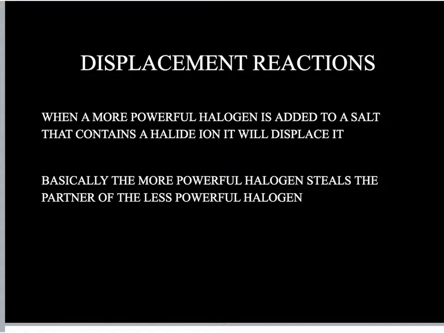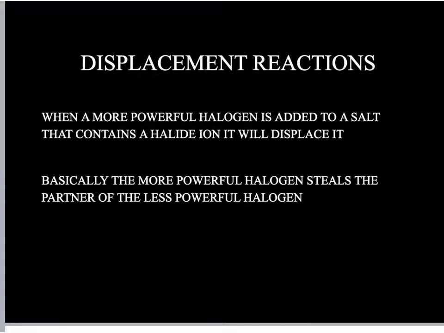A popular examination question looks at the displacement reactions. This is when a more powerful halogen is added to a salt that contains a less reactive halide. This means that the more powerful halogen steals the partner of the less powerful halogen.